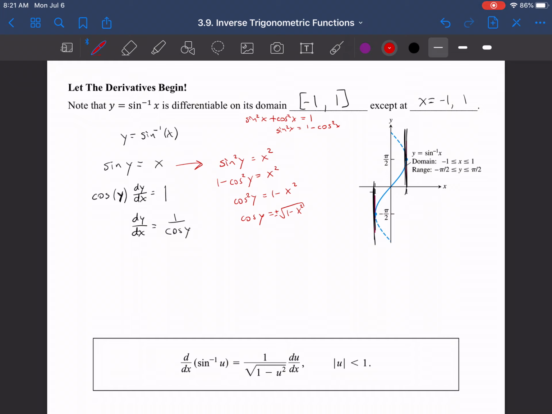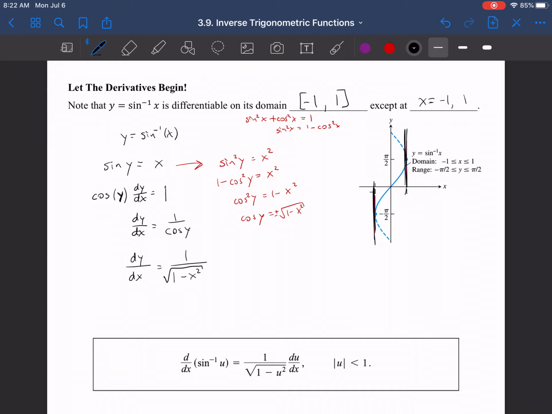Cosine y equals plus or minus the square root of 1 minus x squared, which means we can come back over here and actually substitute that in for our cosine of y and get 1 over 1 minus x squared all square rooted like that. And there you go. And that pretty much gives us the derivative of arcsine.